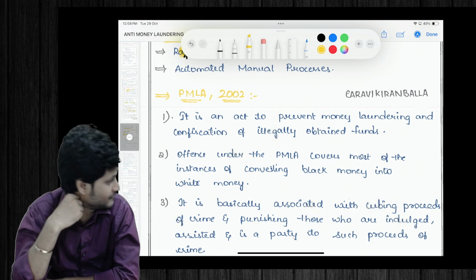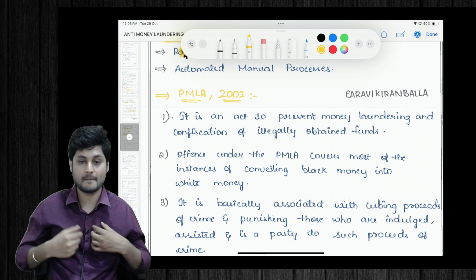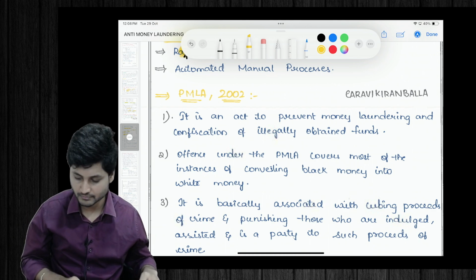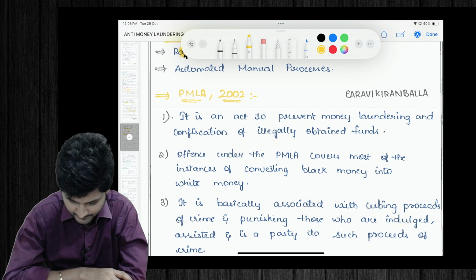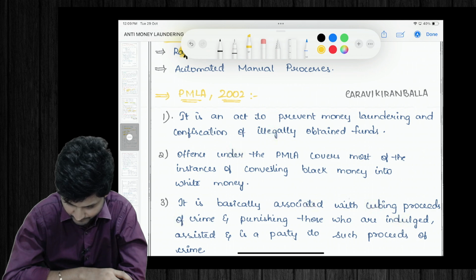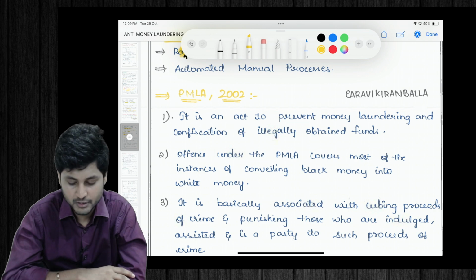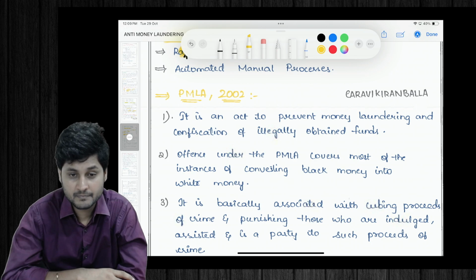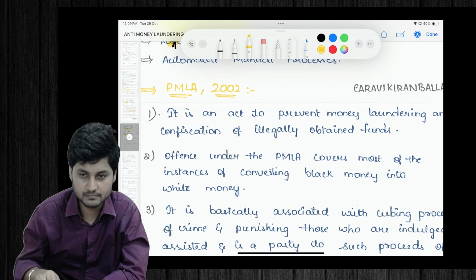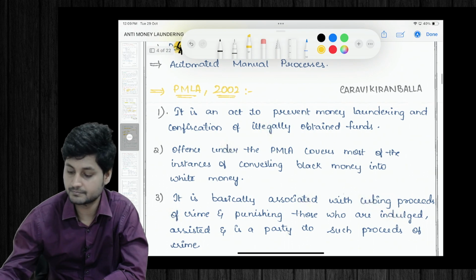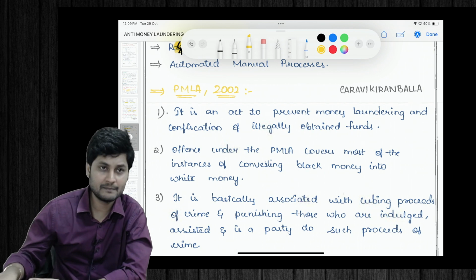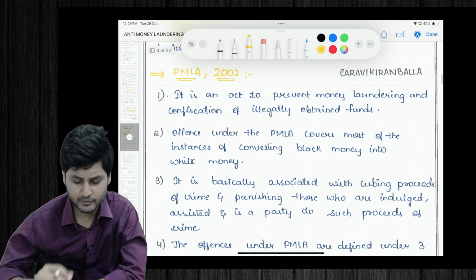Write the full form. It is an Indian law. Okay? PMLA 2002.